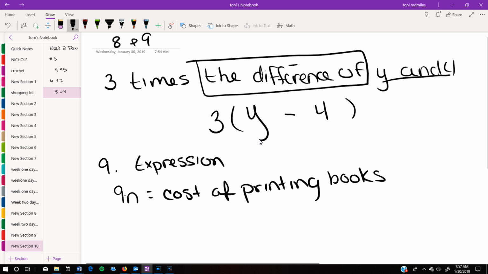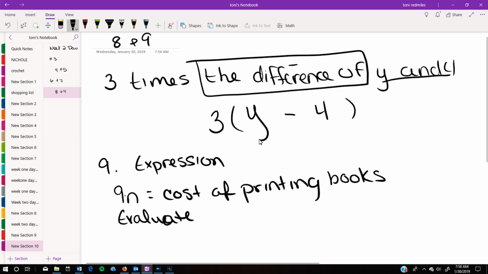The second thing is I need to evaluate, which is why it's our reach question, because we haven't really learned how to evaluate, but I want to see if you can use the word clues to do that. So it says, what is the total cost if 1,050 books are printed?